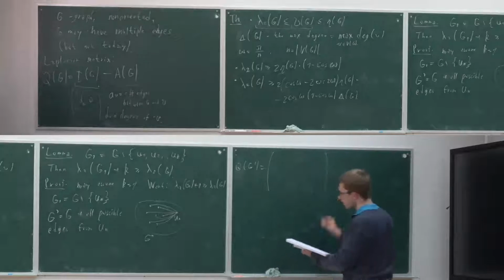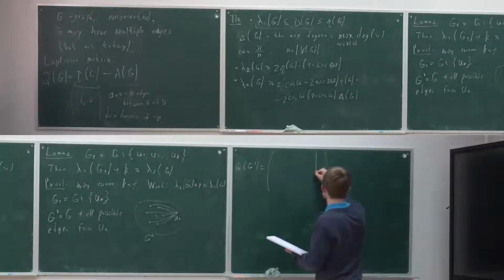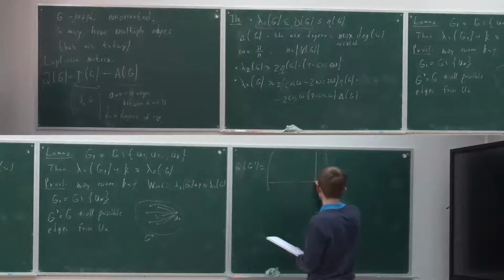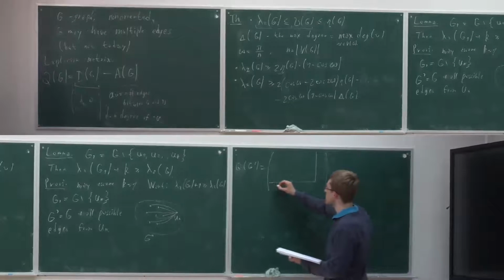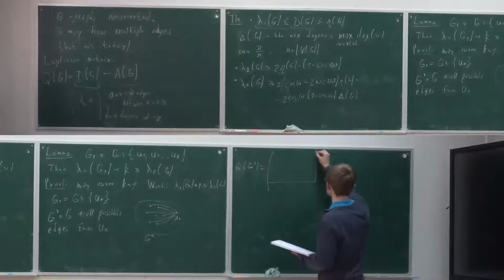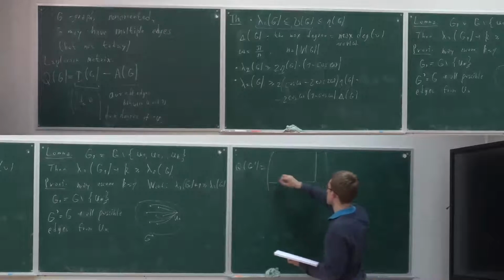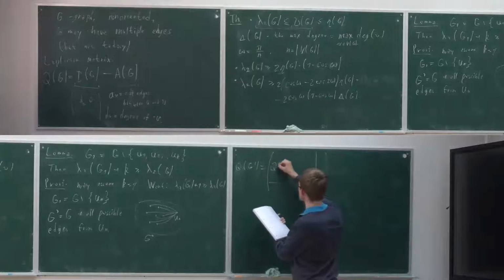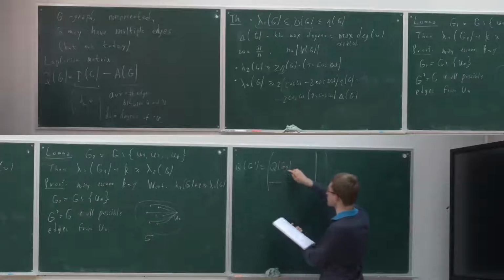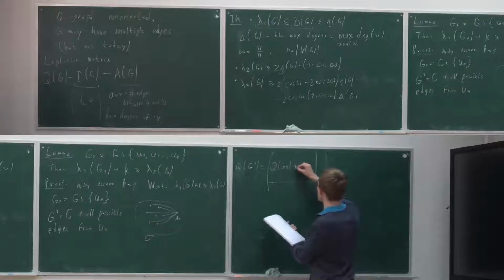It looks like this. Here this is the square submatrix n minus 1 times n minus 1, and it is just the Laplacian matrix of G1 plus the identity matrix.